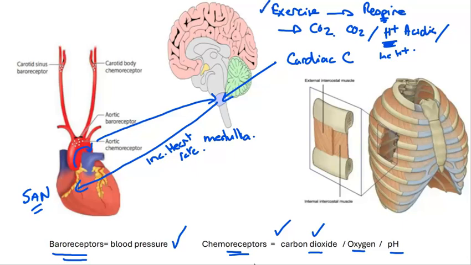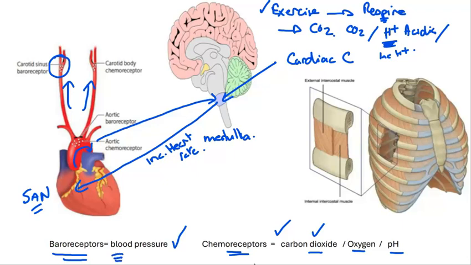which would assist the exercise. Also present are the carotid arteries here and here, and within them they have baroreceptors or pressure receptors.